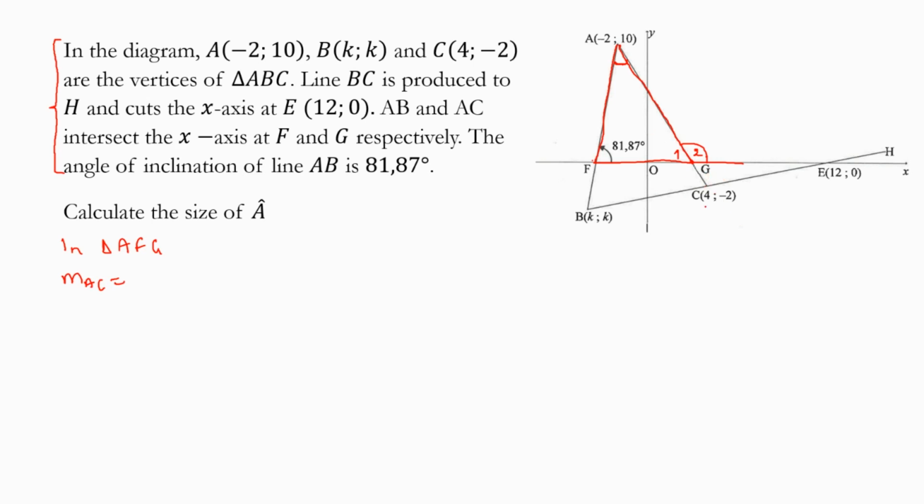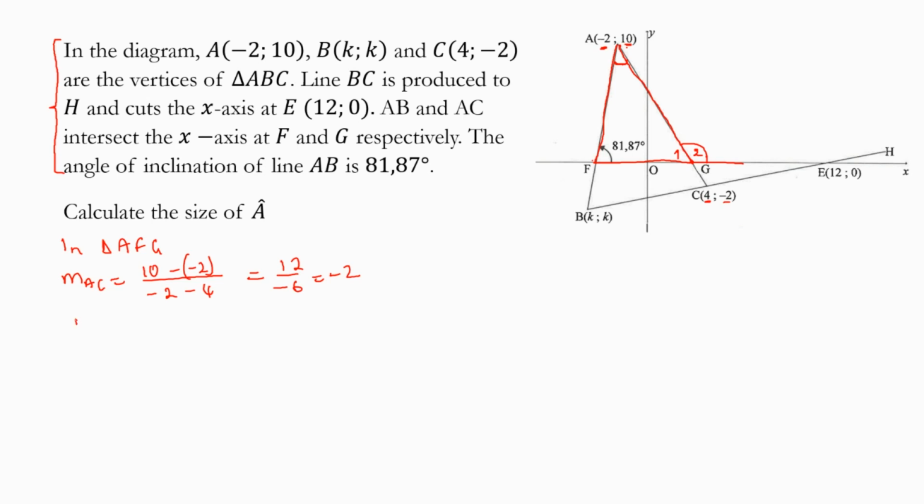Oh, okay, we have the coordinates of C. So we can say 10 minus negative 2, divided by negative 2 minus 4, which is equal to 12 over negative 6, which is equal to negative 2. So the gradient of AC is negative 2.